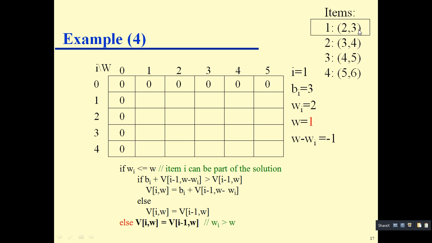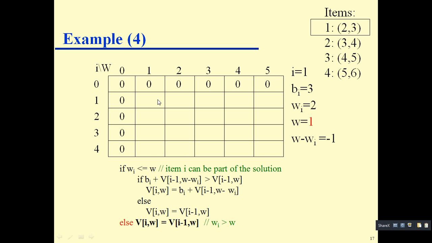So these are the items: item 1, item 2, item 3, item 4 with 2 kg, cost 3, 3 kg, cost 4, 4 kg, like that. Now let us start. i equals 0 means no item selected, so we shall start from i equals 1, with the first item. So this entry is 1, 1.